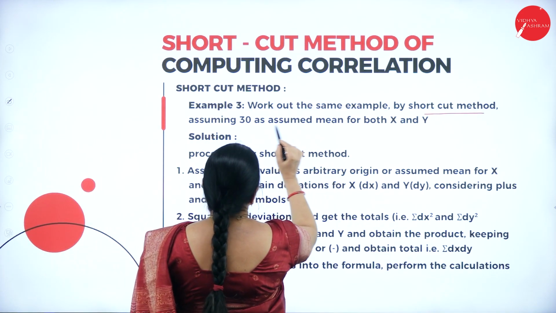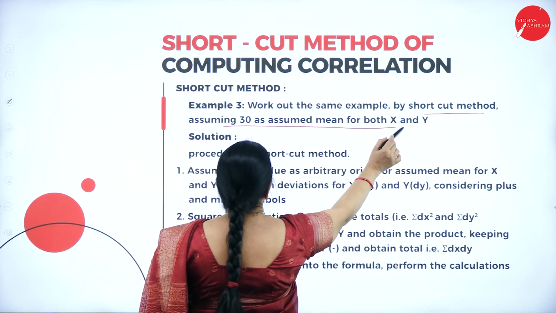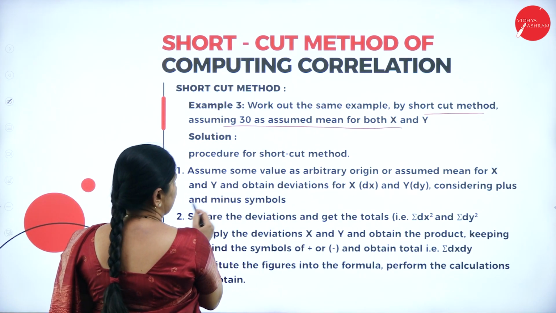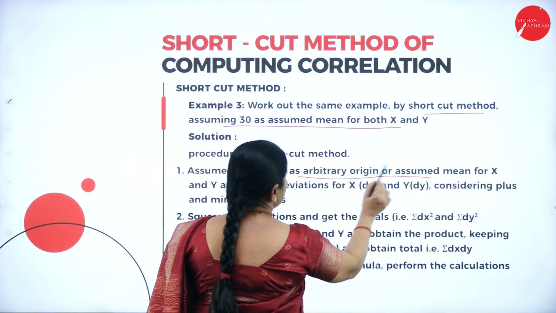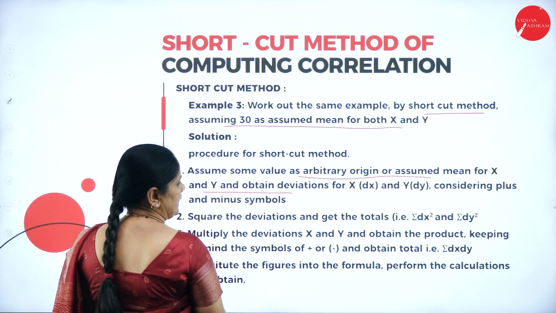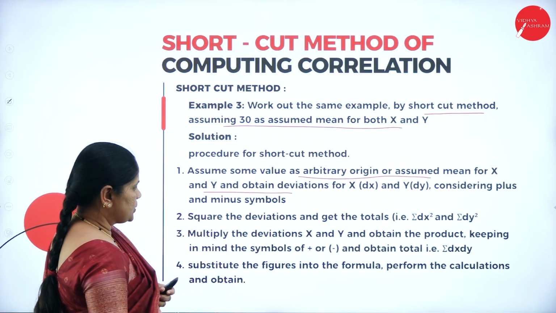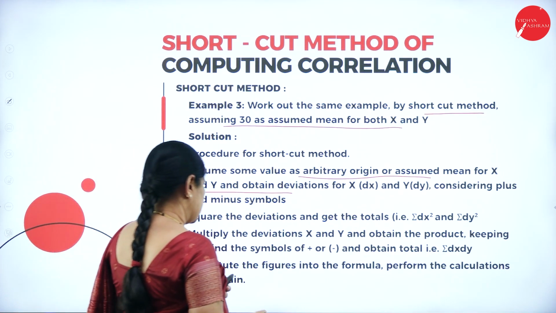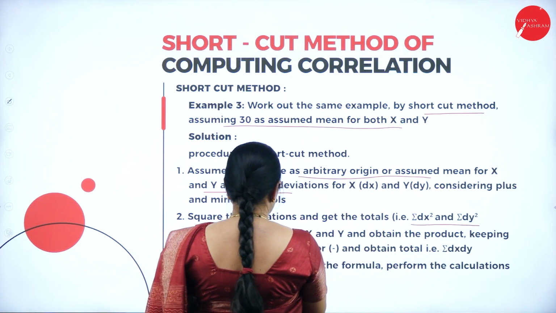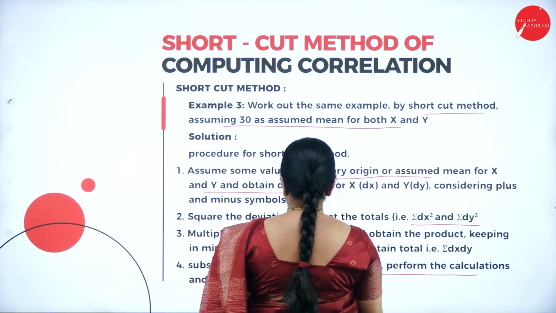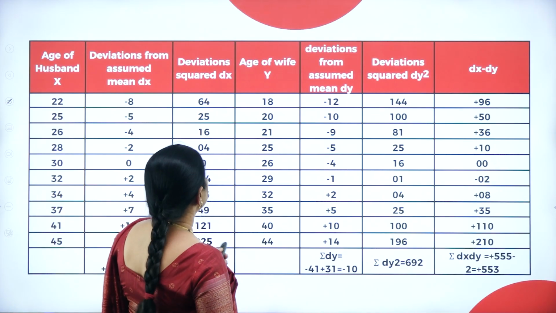Now the shortcut method of computing correlation. Work out the same example by the shortcut method, assuming 30 as assumed mean for both x and y. So assume some value as arbitrary origin for mean of x and mean of y and obtain the deviations. Then square the deviations. So we get sigma dx dy and then substitute the figures in the formula, perform the calculations and obtain the result.